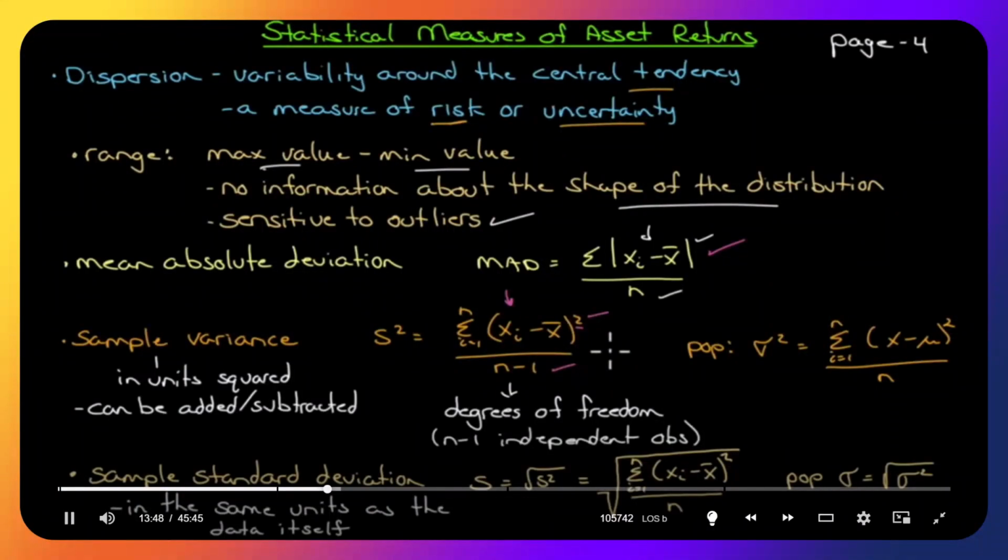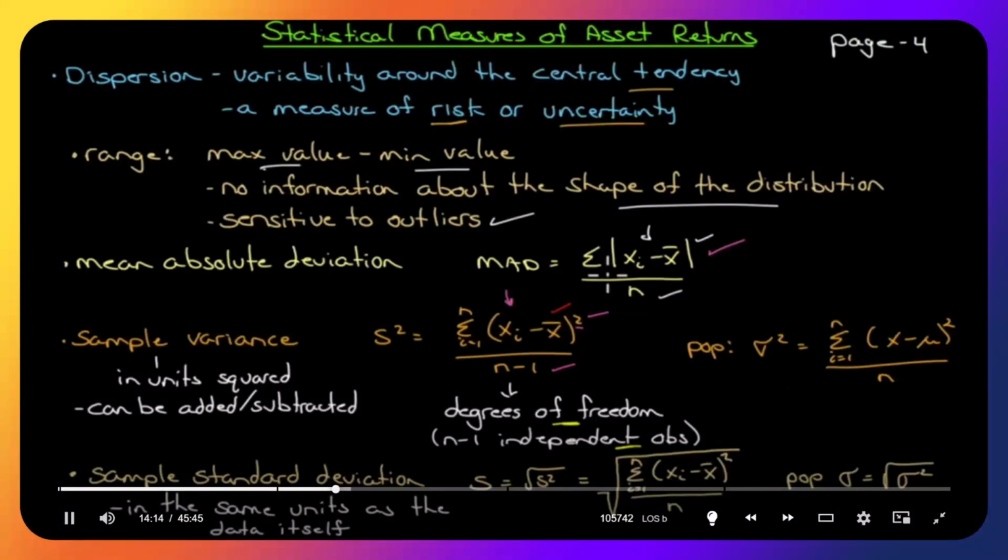Divide by n minus 1. This is a bit of a problem. Why are we dividing by n minus 1 and not n? The denominator is called your degrees of freedom. In other words, what it's saying is that we have n minus 1 independent observations. How do we have n minus 1 independent observations? Let's say that I give you the mean, because you have it, right?